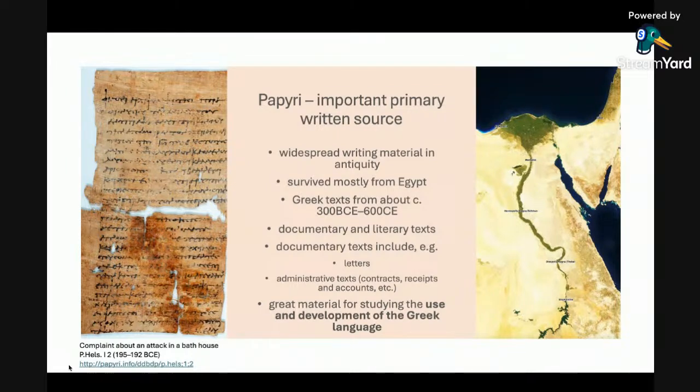And the texts written in papyri were both documentary and literary, and today we are focusing more on the documentary texts. What I mean by documentary texts are, for example, letters, so administrative or private letters, and other types of administrative text like contracts, receipts, and accounts, and many of these types of texts.